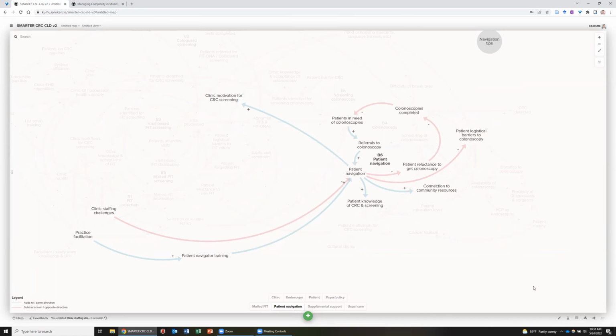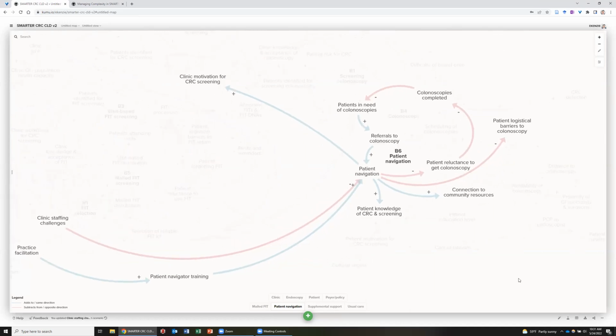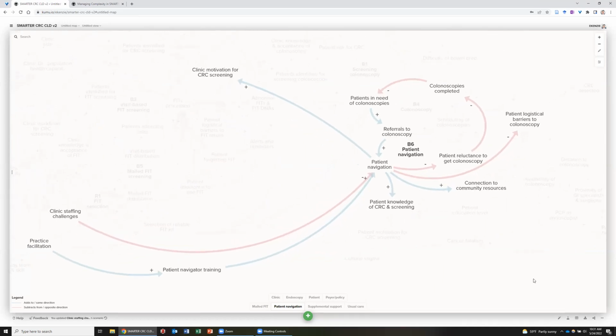Patient navigation is having people trained, in our case within the primary care clinics, to help the patients along the process of scheduling their follow-up colonoscopy and following through with that.